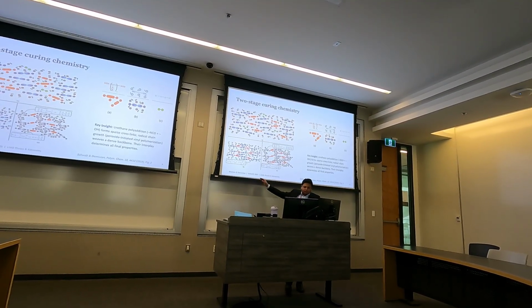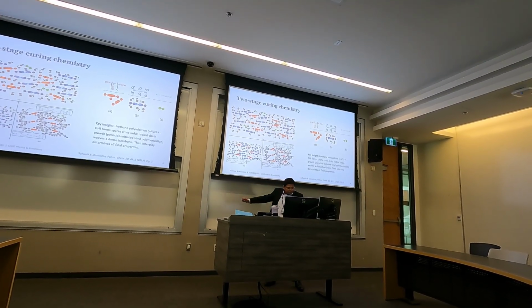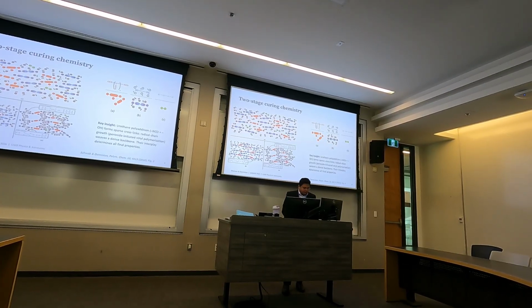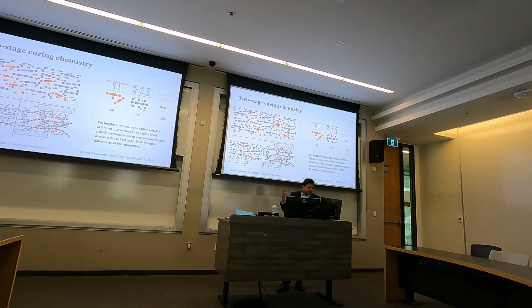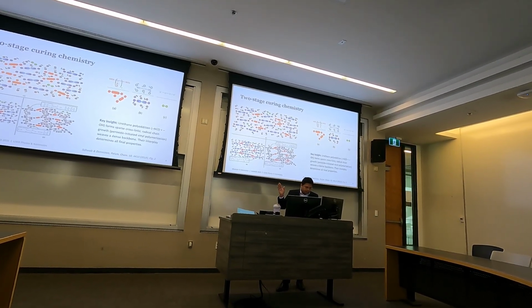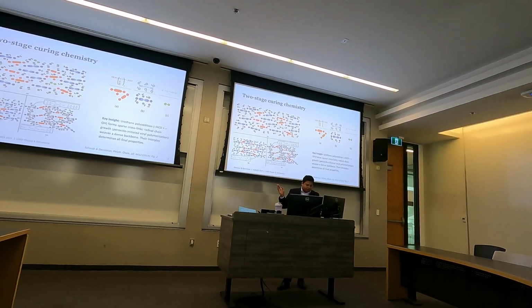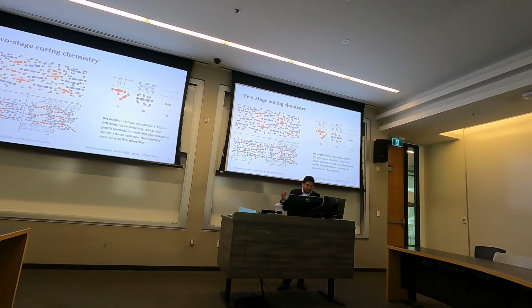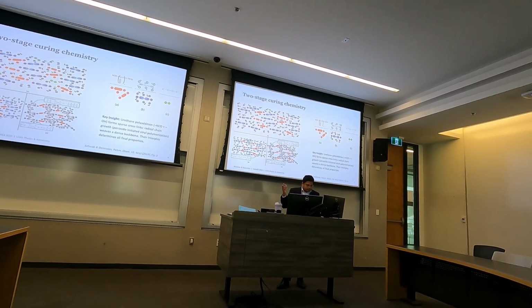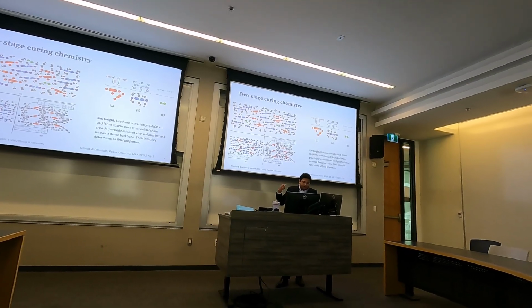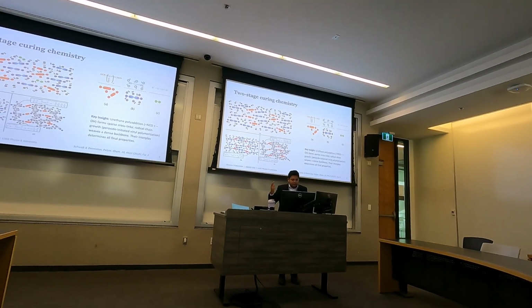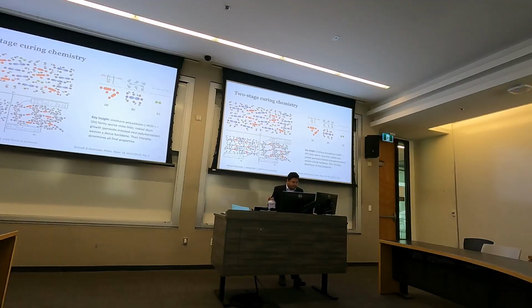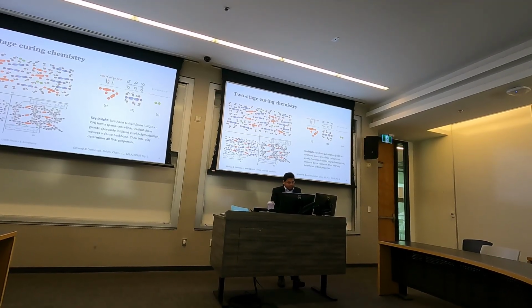Panel B shows the state of urethane polyaddition. That's the first stage of the reaction, where the NCO groups react with the hydroxyl group and form the urethane linkage, creating new bonds between the isocyanate and the polyol molecules.